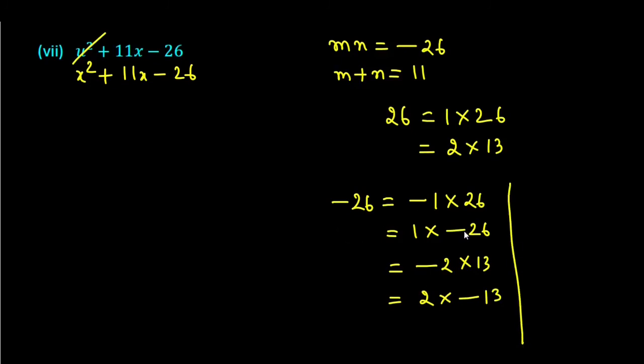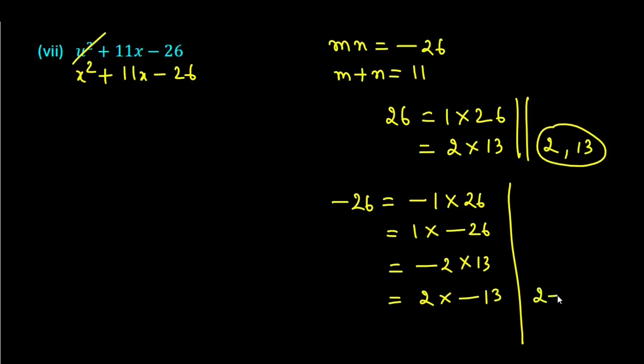We have to take the sum. Here also we can find, when we take the difference, 2 and 13. The difference of these two factors is 11, so this is the right choice. As we have a plus sign here, 13 should have a plus sign and 2 should have a minus sign.